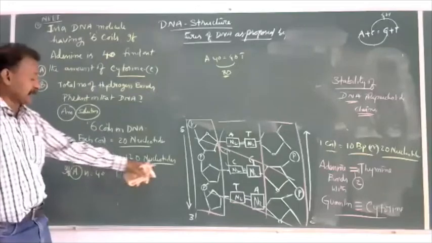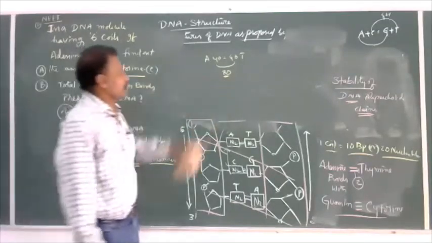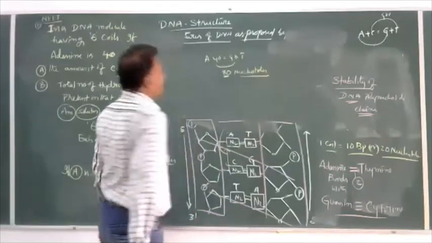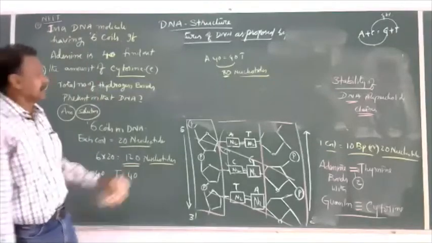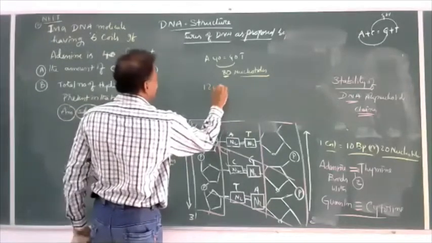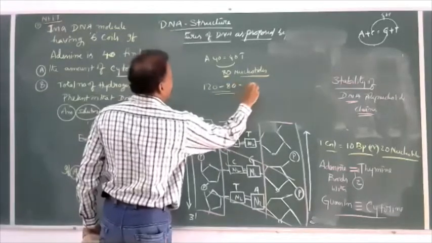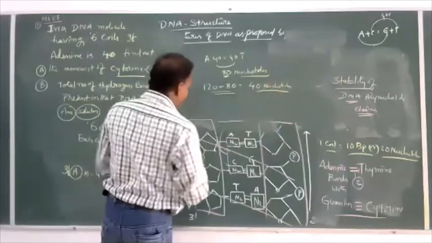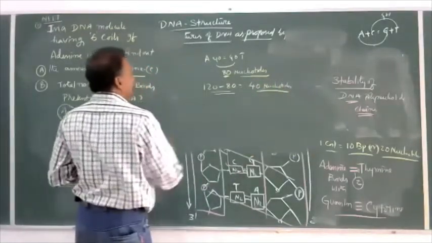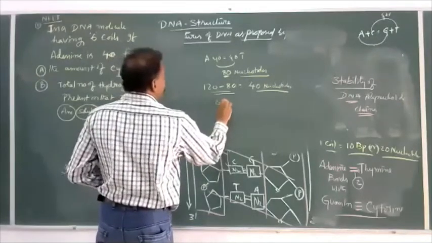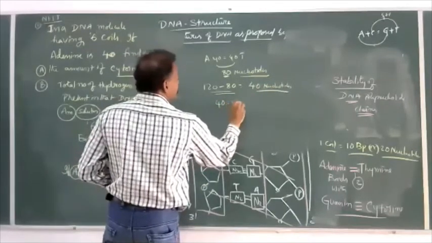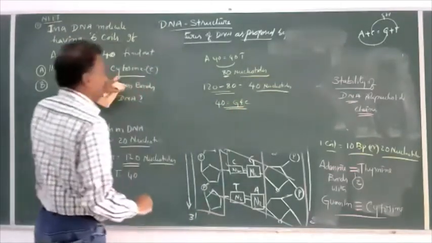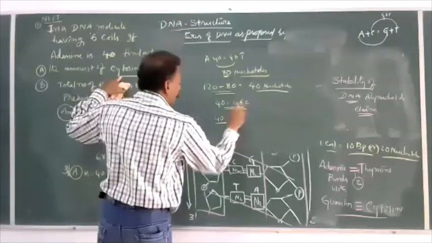In the total 120 nucleotides, 80 nucleotides are made up of A and T. The remaining, 120 minus 80, how many are there? 40 nucleotides are there. These 40 nucleotides are for G and C. So, if the amount of cytosine we want, 40 by 2.